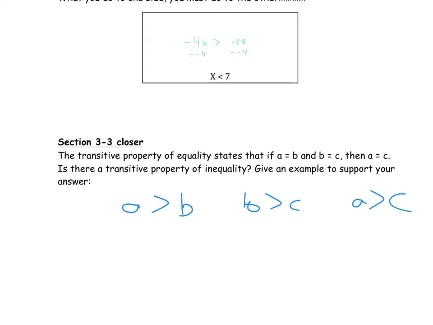Let's say A is 6. Let's choose a number for B. I could say 6 is greater than 5. So if B is 5, is there a number that 5 is greater than? Yeah, let's pick 4. Notice how A, which was 6, is certainly greater than C, which is 4. So according to our example here, there is a transitive property of inequality.